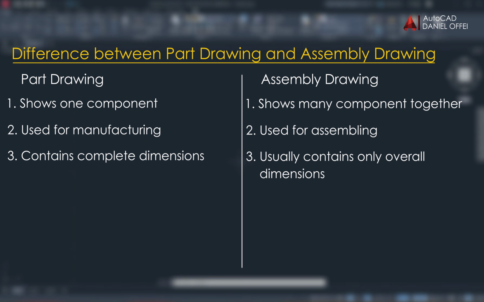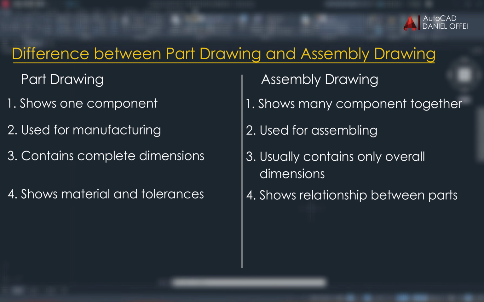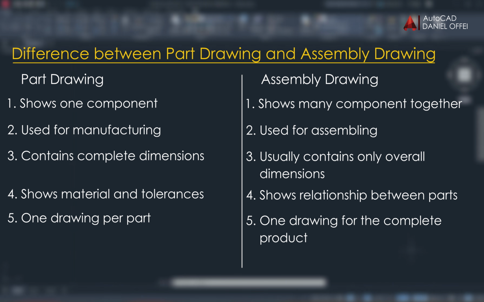Sometimes there is no dimension at all. Also, the part drawing shows the material that is used for the parts and the tolerances around the material, but an assembly just shows the relationship between the parts and how they fit together. Then in a part drawing, we have only one drawing per part, but in an assembly, we have many drawings that are coming together to complete the product.